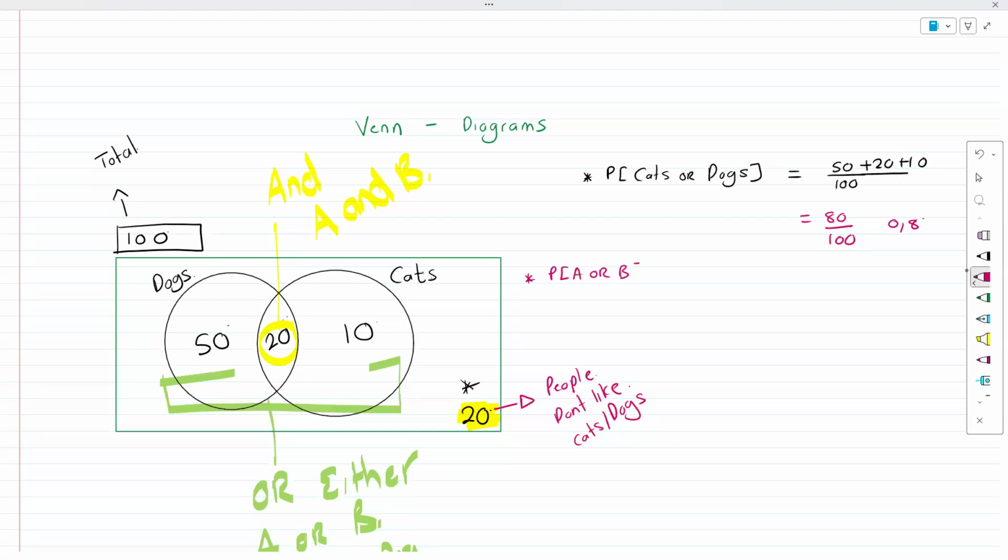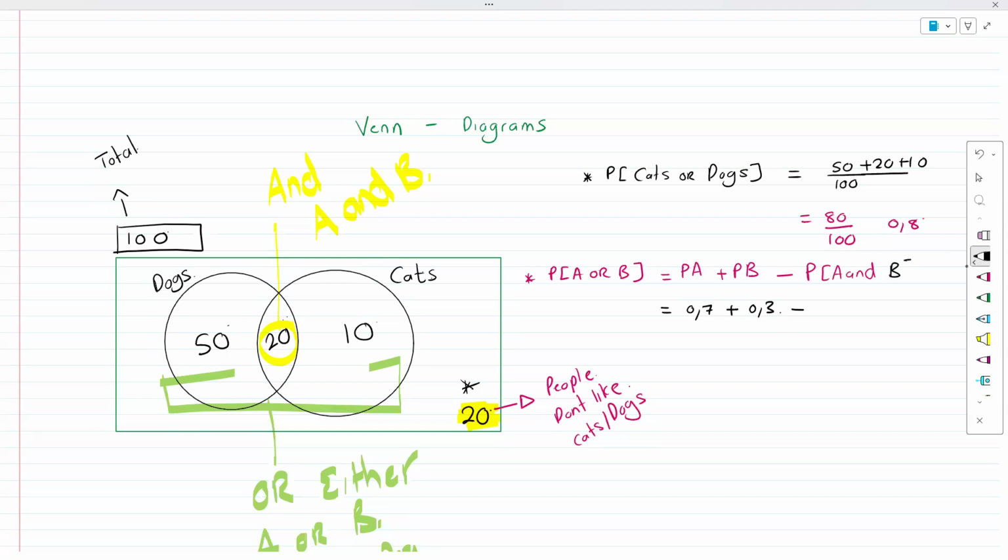Probability of A or B, that means cats or dogs, is equal to the total probability of A, plus the total probability of B, minus the probability of A and B. Now what's going to happen is we're going to take the probability of A, which was 0.7, or 70 over 100, whatever you want to use, plus the probability of the total circle of B of cats, which is 0.3, or 30 over 100, minus the probability of both A and B.